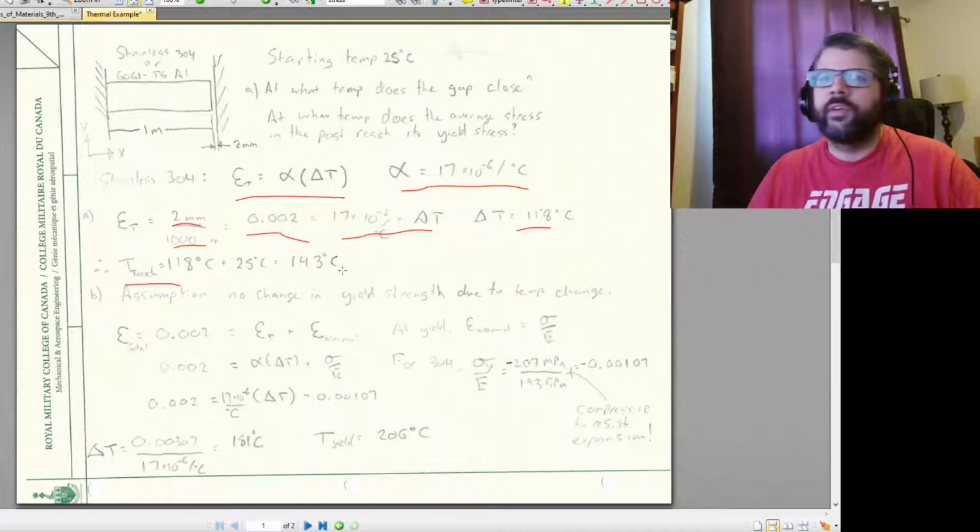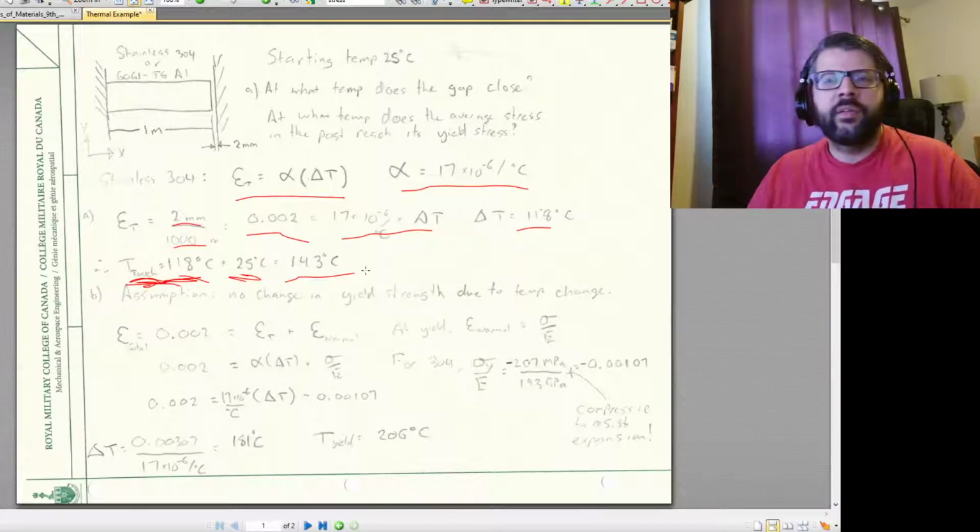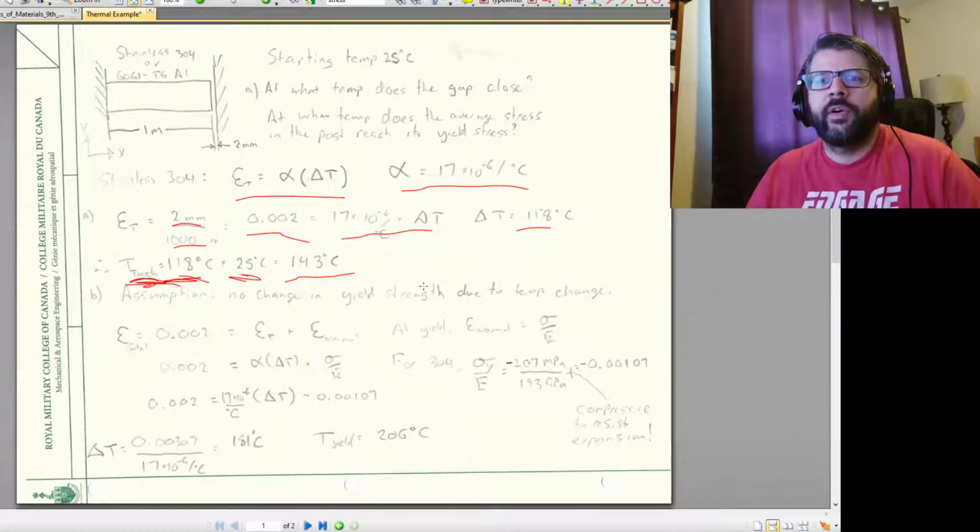So that gives us our temperature at the point which it touches as the 118 plus the 25. So it's touching at 143 degrees Celsius. For the next part, we're going to make an assumption here.